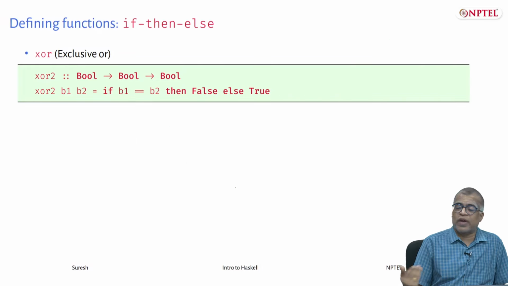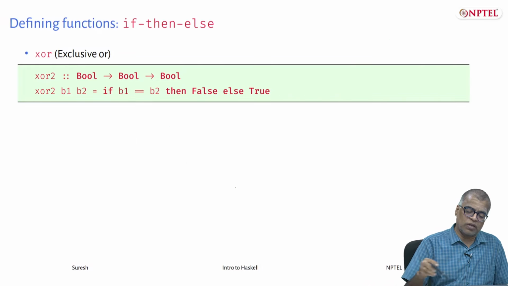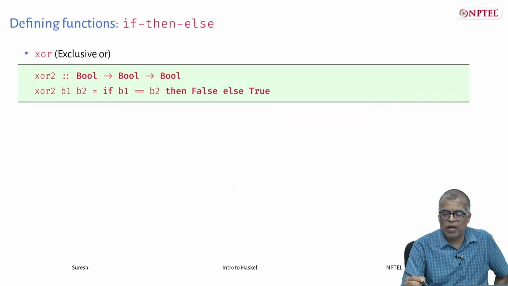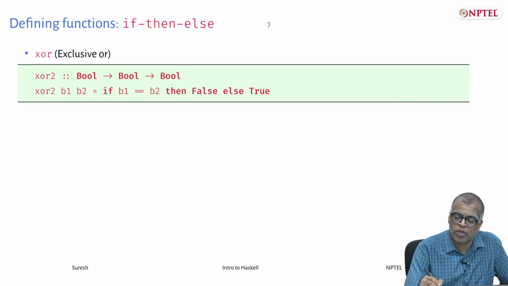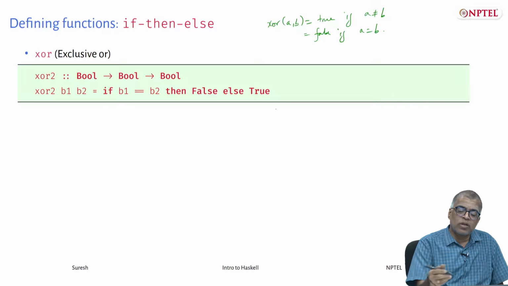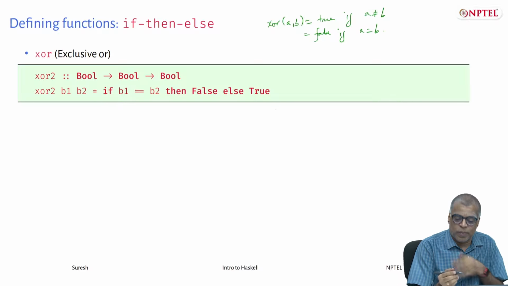Here is the next way in which you can define this XOR function. Notice that I repeatedly kept telling that XOR of A B is true if A is not equal to B, false if A equals B. This thing I can write as an expression here.